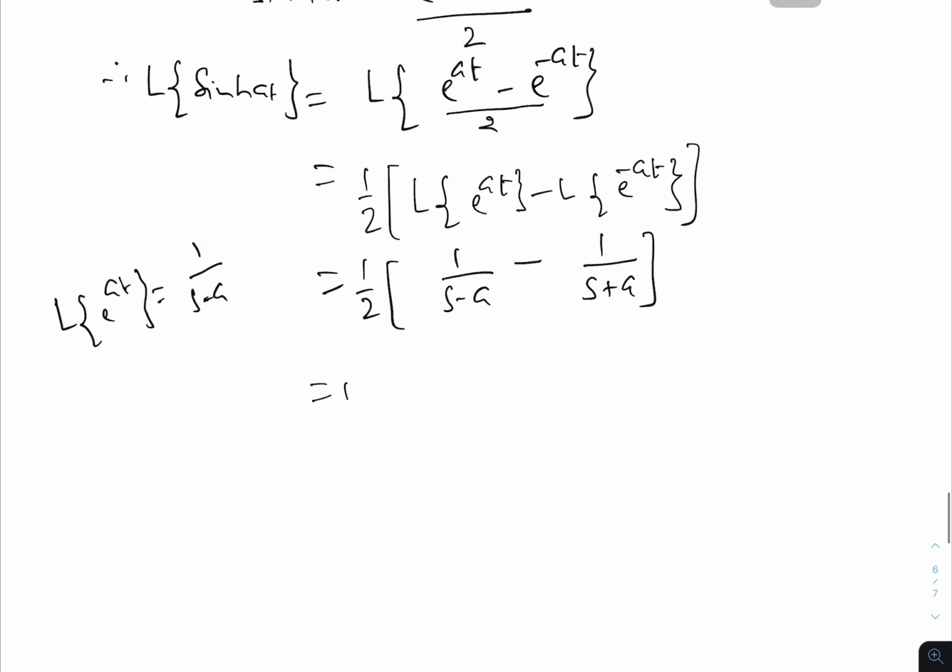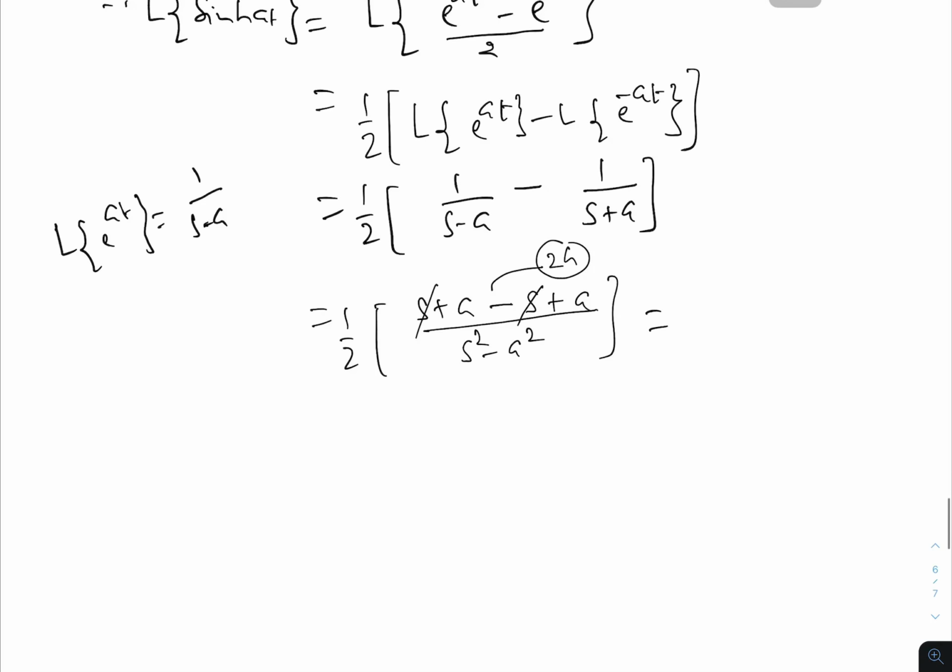Now this is s plus a minus s plus a over s square minus a square, and so this part is 2a and this 2 and 2 cancel, so this is a over s square minus a square.